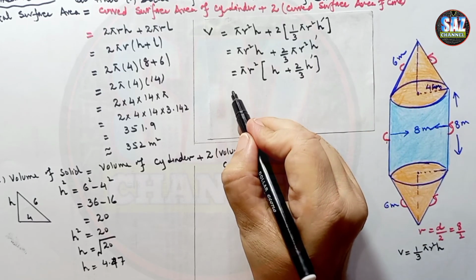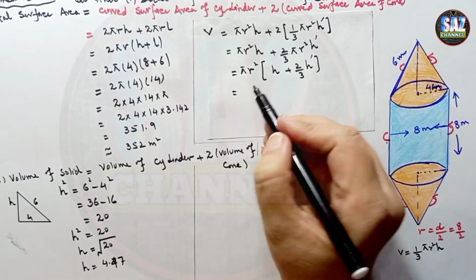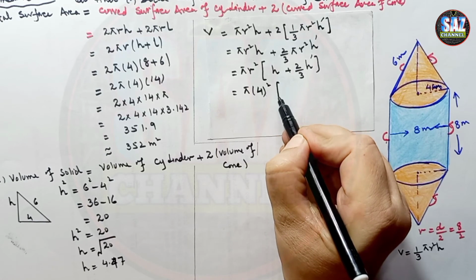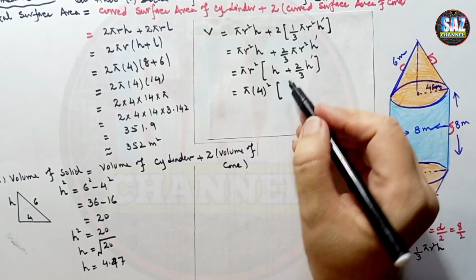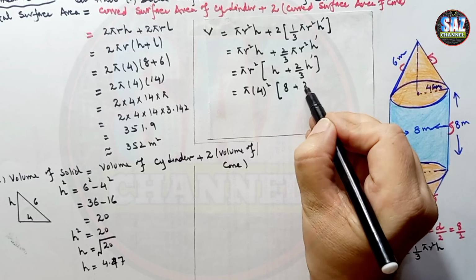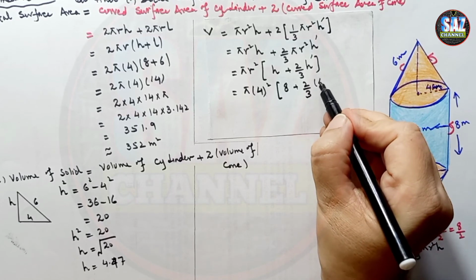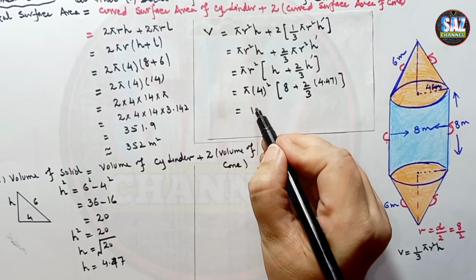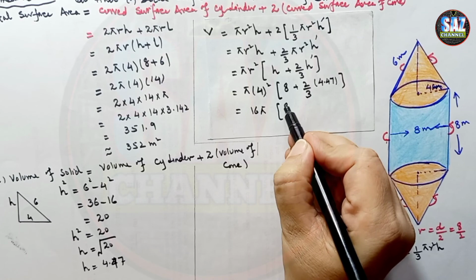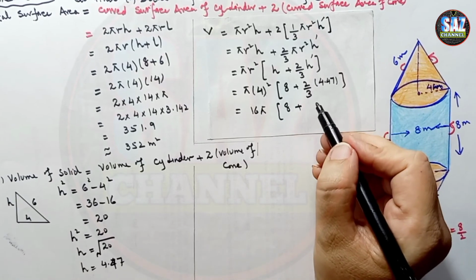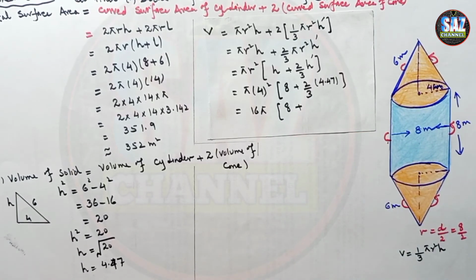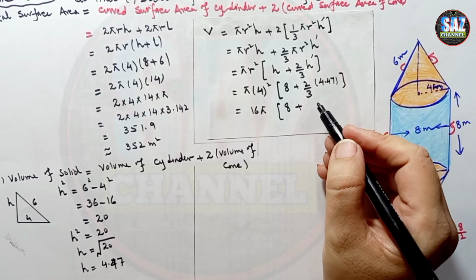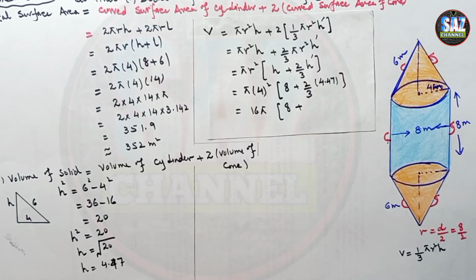Okay, now it's a time to replace the values carefully. Radius is 4, pi into 4 square into h, height of cylinder which is 8, and plus 2 by 3 into 4.47 and close the bracket, and this can take the form 16 pi 8 plus when I'm multiplying 4.47 by 2, this gives me 8.94 divided by 3.